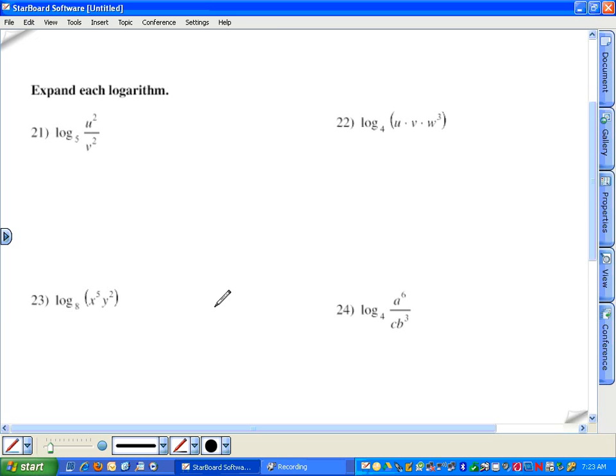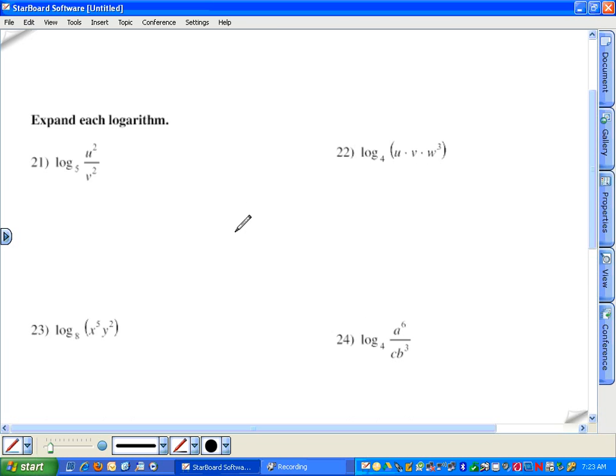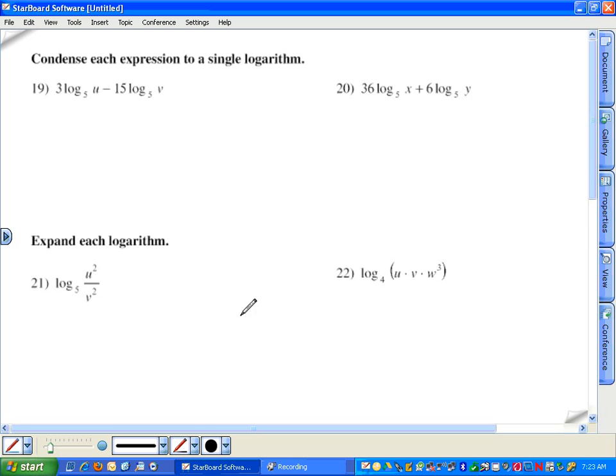Okay, now we have a section on expanding and condensing. On number 19, we're condensing into a single logarithm, which means these two logarithms have to be written as one logarithmic expression. First thing we need to check is, do they have the same base? They do. Okay.